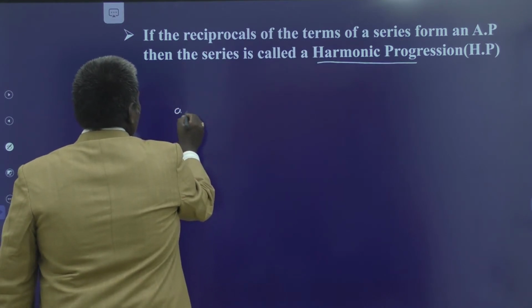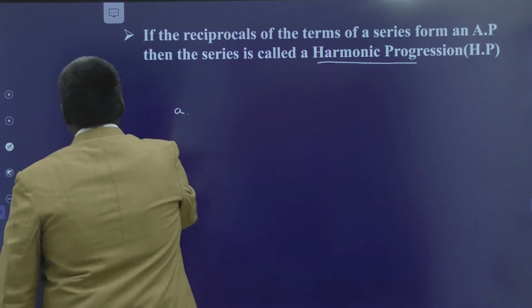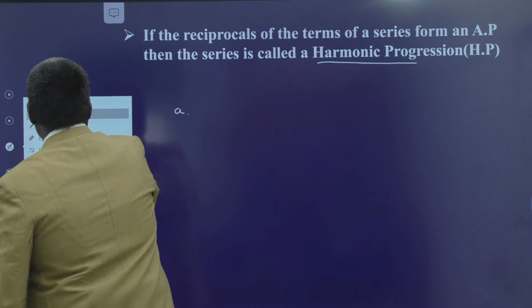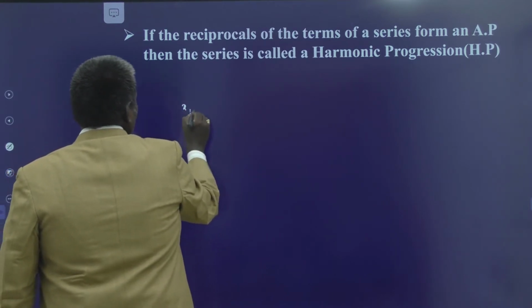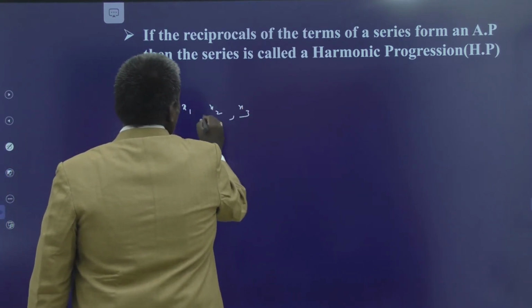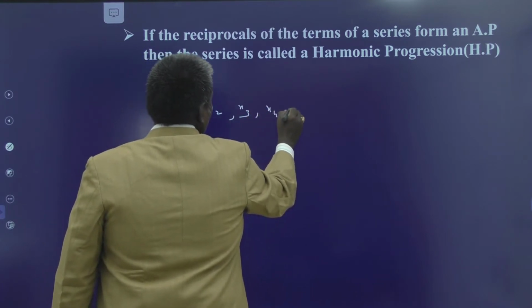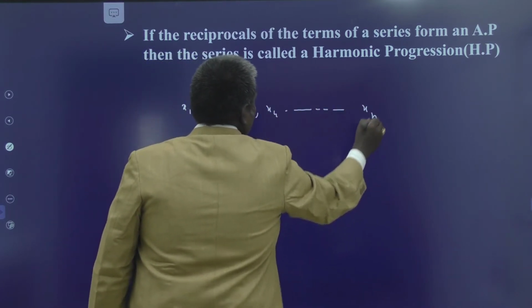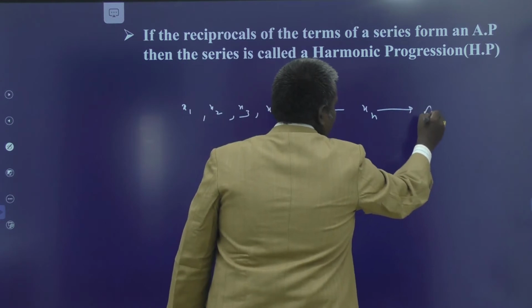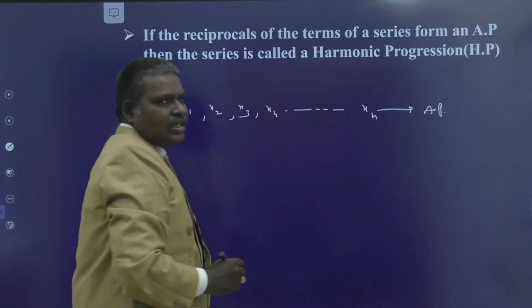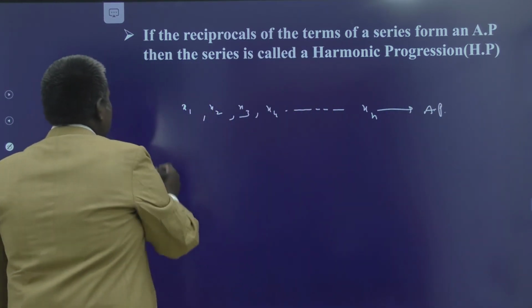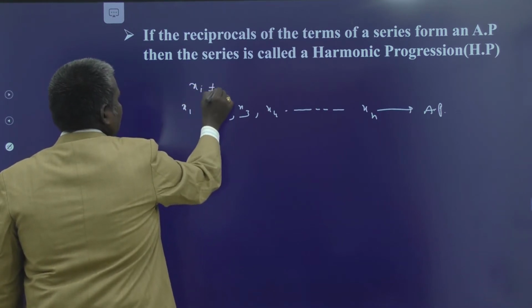Suppose x1, x2, x3, x4 and so on up to xn are in arithmetic progression, each xi not equal to 0.